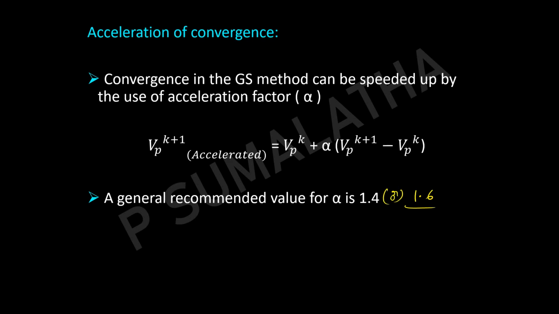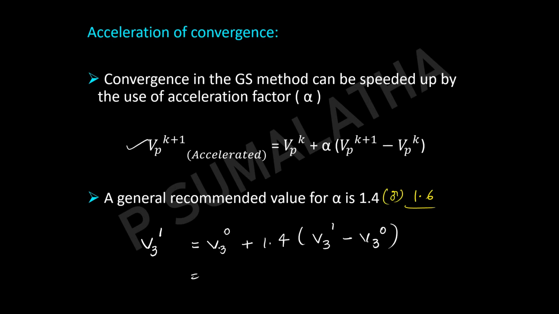After finding the voltages, you just need to put one extra step here. Suppose you have calculated the voltage at the third bus for the first iteration. Then how to find the updated value considering this acceleration factor? Here k is equal to 0, that is, the initial iteration count is 0. It is V3 power 0 plus 1.4 into V3 1 minus V3 0.